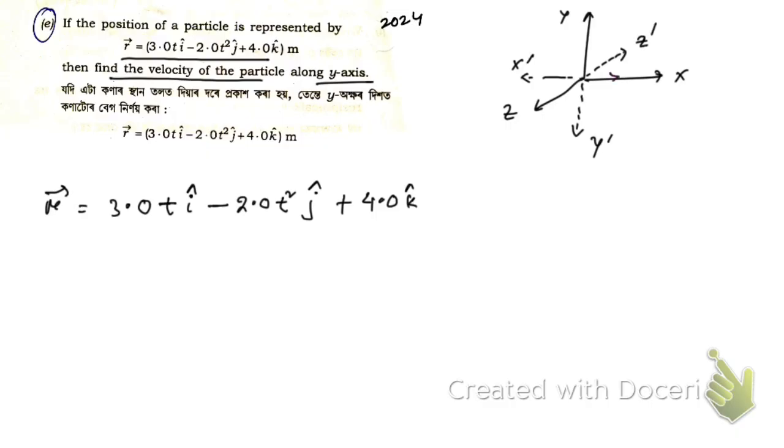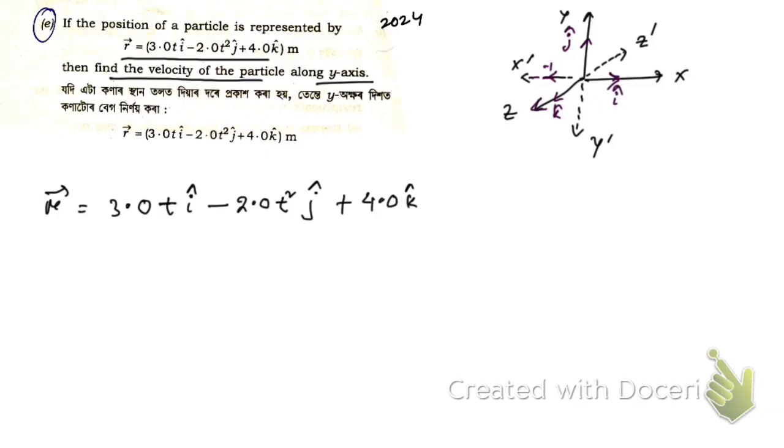Now unit vector along x-axis is I cap, unit vector along y-axis is j cap, and unit vector along z-axis is k cap, right? And similarly along negative x-axis we're gonna take minus I cap, right? Similarly minus j cap means it is along negative y-axis, and minus k cap means negative z-axis, right? Hope you know these things.